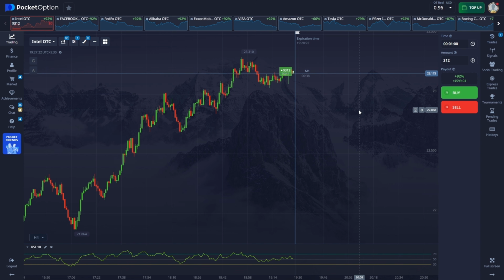The trade was also going well at the moment, but I placed the trade in the middle of the candle, so this was a little bit risky. I suggest that you place the trade at the open price.